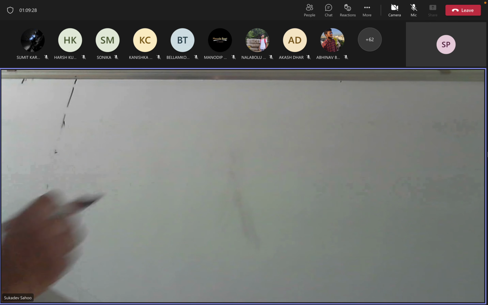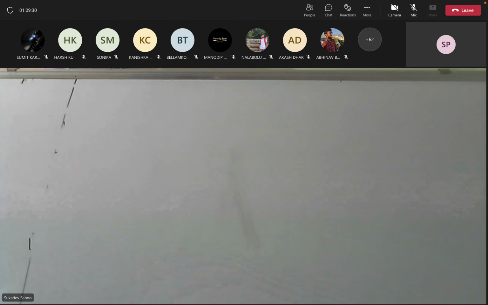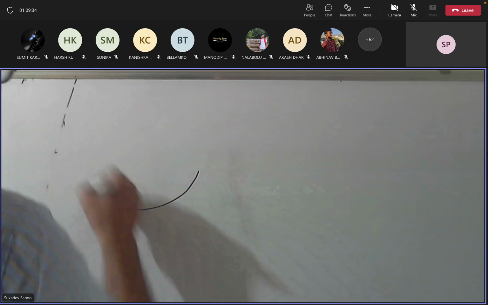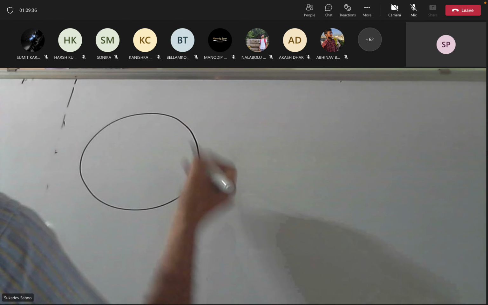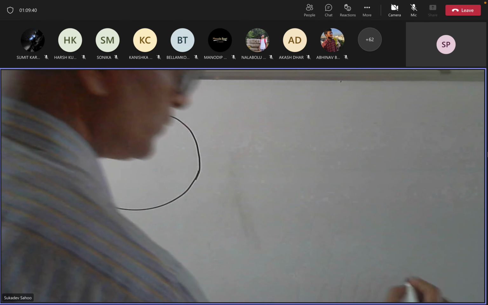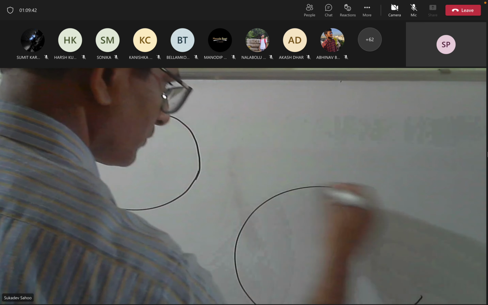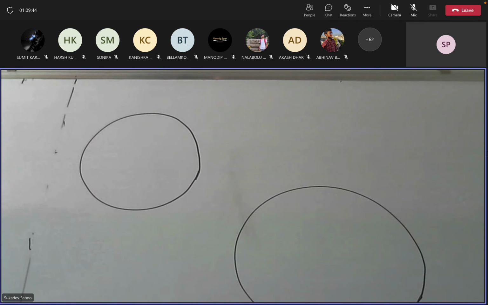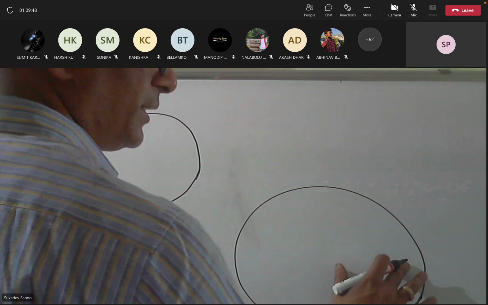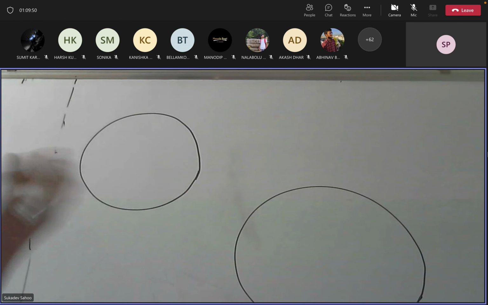So what is the procedure? We have to draw two circles. The circle radius will be different from the first one to the second one.